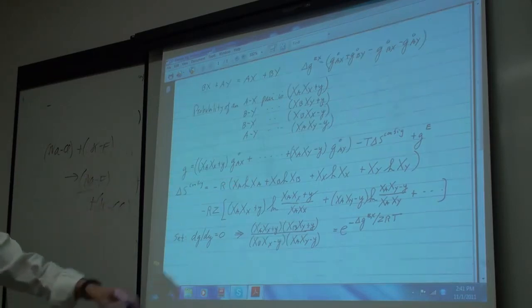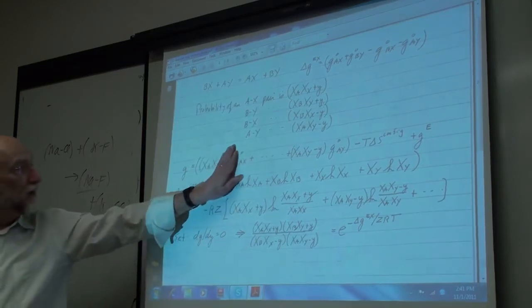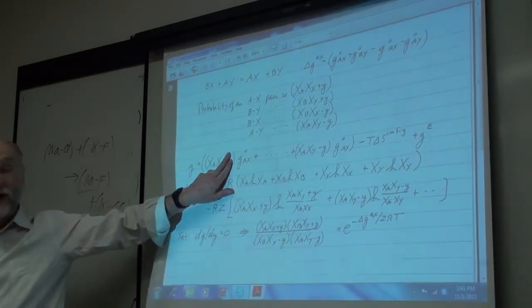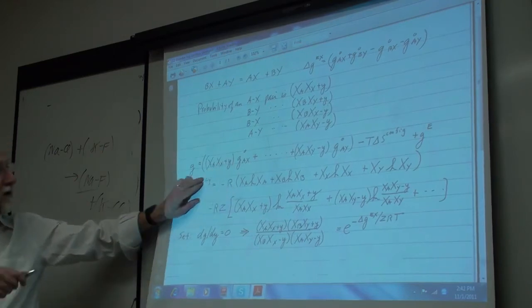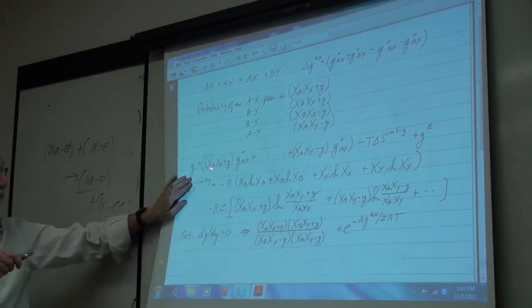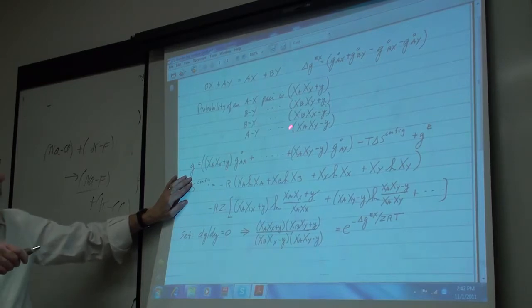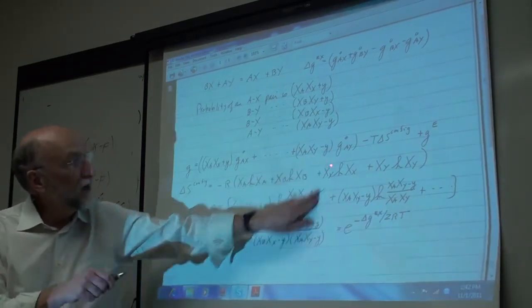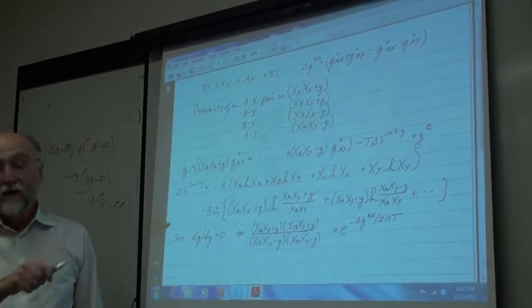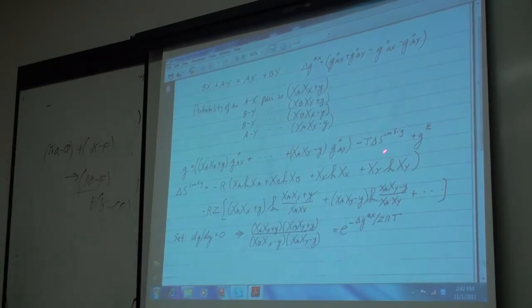Remember, in the previous equation, the G naught AX was multiplied by x_A x_X, which is the probability of an AX nearest neighbor pair. Now we multiply it by the probability of a nearest neighbor pair which has been increased by y. And the same thing for all the pairs, and the number of AY would be G naught AY. Previously it was x_A x_Y, now it's modified. Minus the configurational entropy plus G excess.